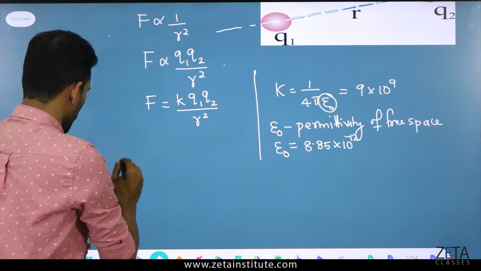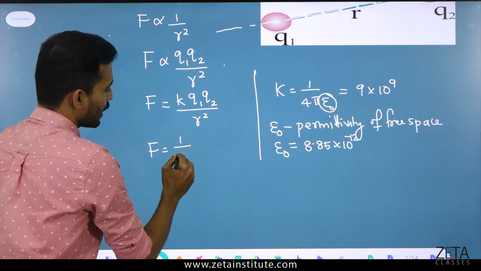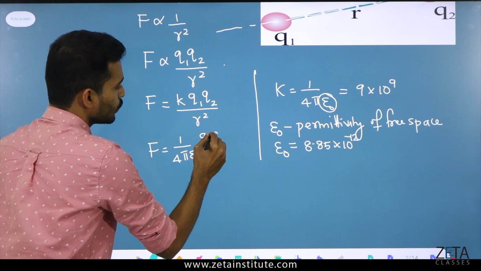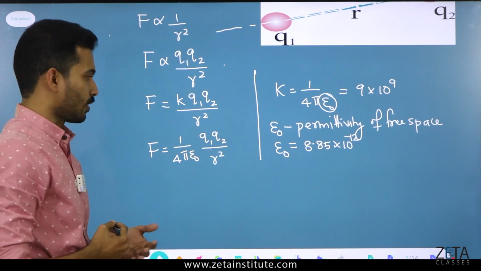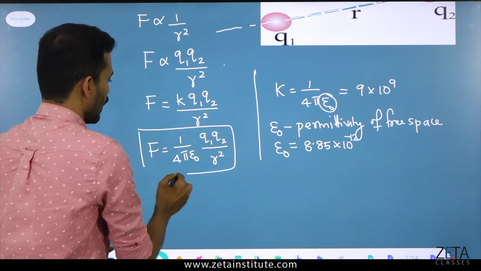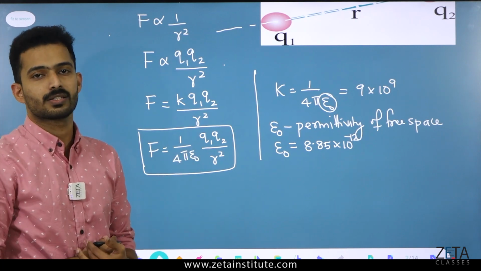Then this equation becomes F is equal to 1 by 4 pi epsilon 0 into q1 q2 divided by r square. So the force between two charges is given by F is equal to 1 by 4 pi epsilon 0 q1 q2 divided by r square.